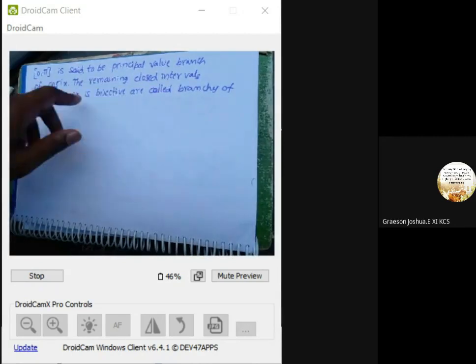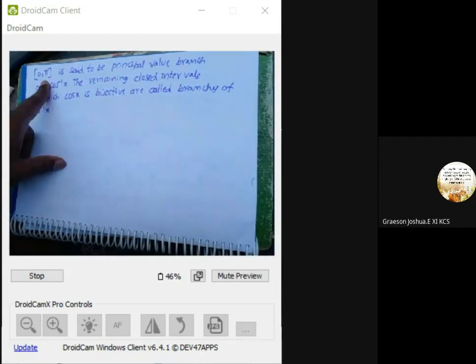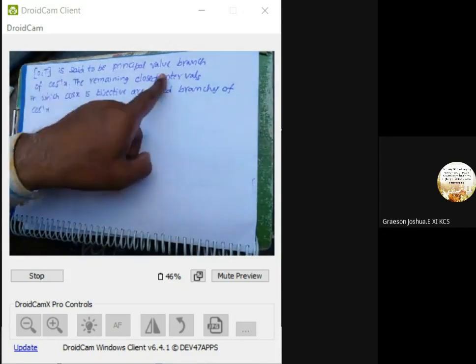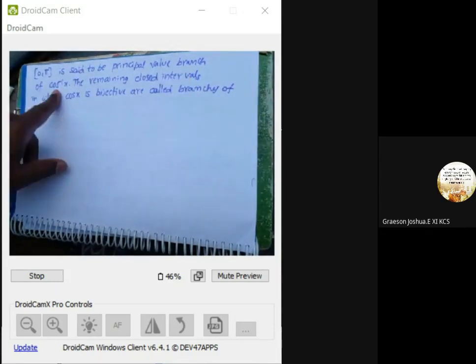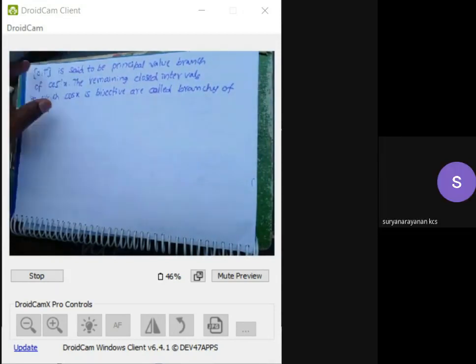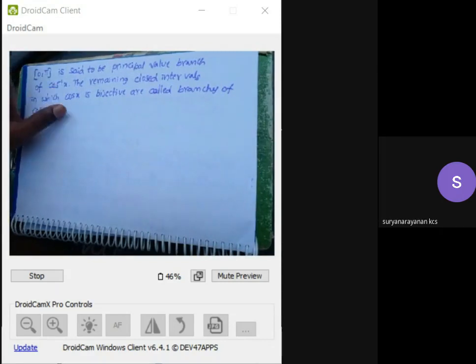Yes sir, closed interval 0 comma pi is said to be principal value branch of cos inverse x. Only this line, this sentence is enough for you. Okay.